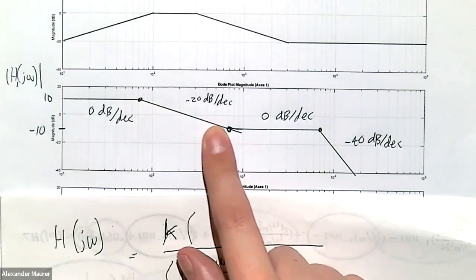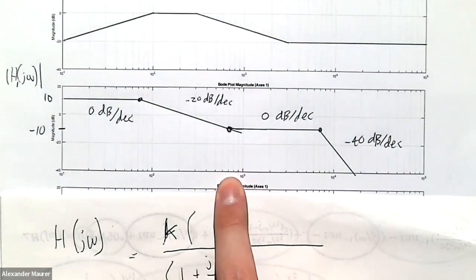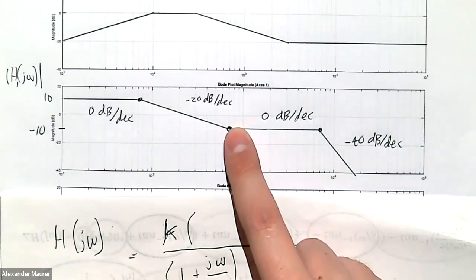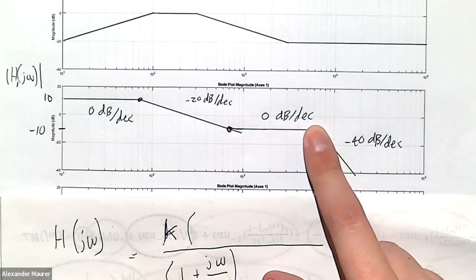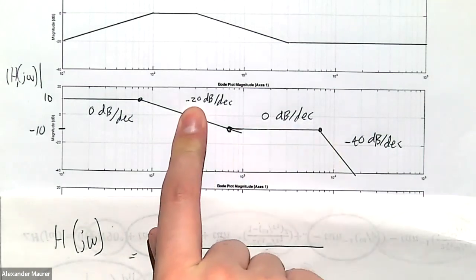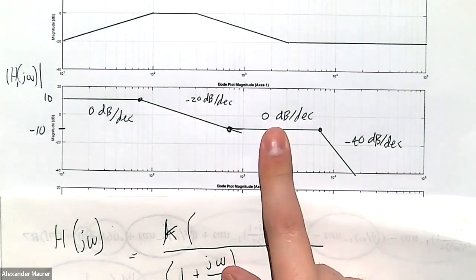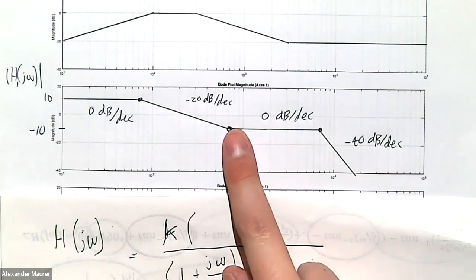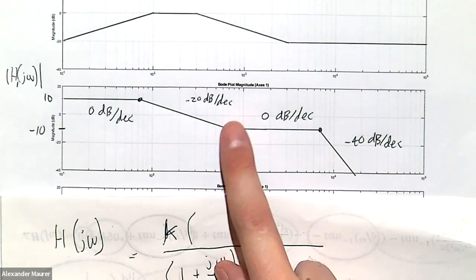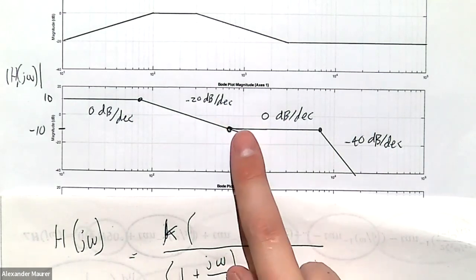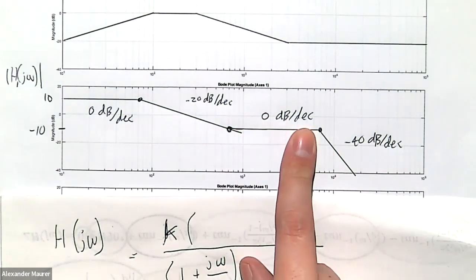Then this slope continues until this point, where we get another plus 20 dB per decade to counteract the minus 20 we already have and turn this flat. So because our slope changes here at this break, it goes from minus 20 up to 0 dB per decade.